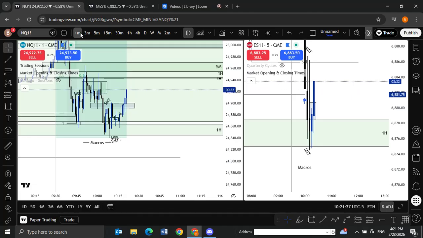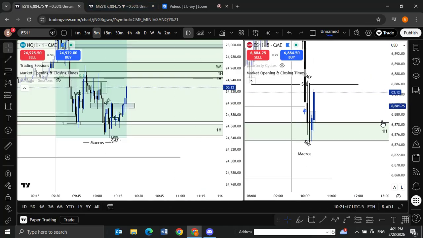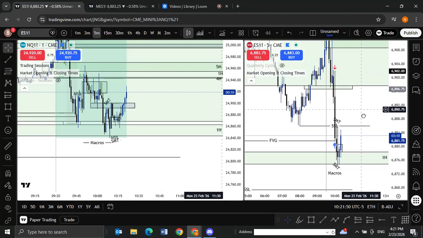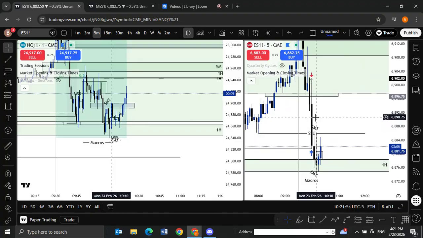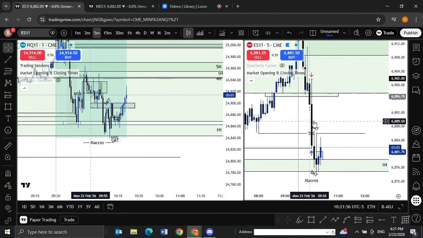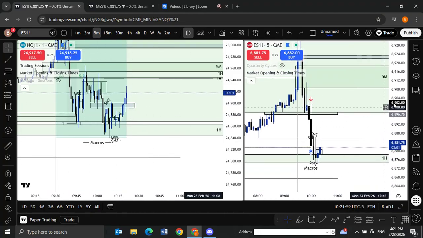Okay, I want to wait a bit. At what point am I not interested in trading today anymore at all? I think I'm not interested in trading as soon as we maybe go through this 5 minutes fair value gap here, because this still might hold the price, and we need to fill this imbalance.